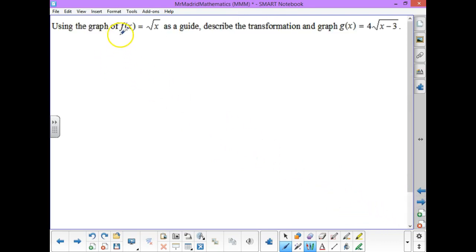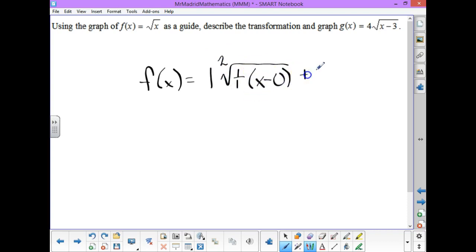Next, use the graph of f of x as a guide to describe the transformation. So you know how to expand this one. I'll do it here real quick once again to encourage practice: 1 over 1, x minus 0, plus 0.